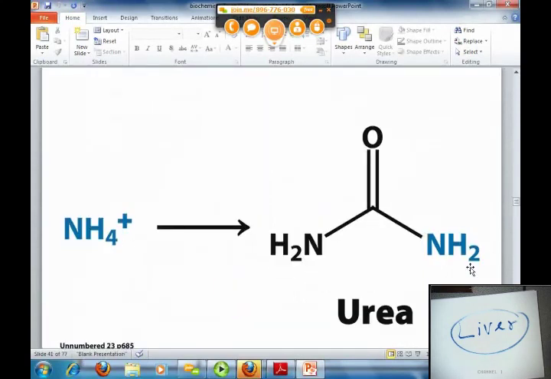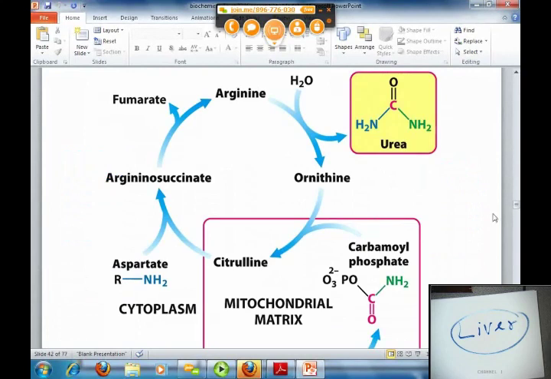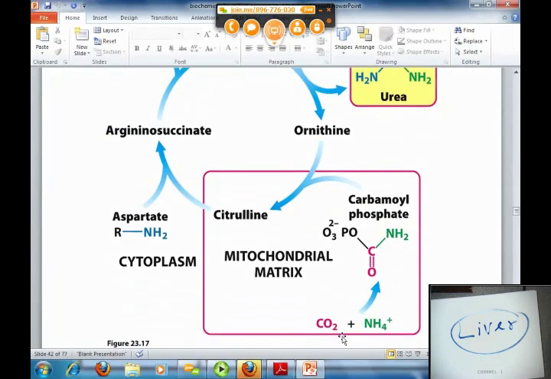Now here the ammonia is getting into urea. See, H2N, the carbon, C double bond O, NH2. This is the structural formula of urea. Now you can see this is the urea cycle, and how it is linked with carbon dioxide and ammonia put together, forming carbamoyl phosphate. This carbamoyl phosphate is present in the mitochondrial matrix, because the mitochondria is the site where the ammonia is diffused, as well as where you get the carbon dioxide in the matrix.